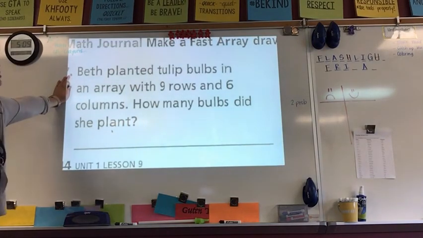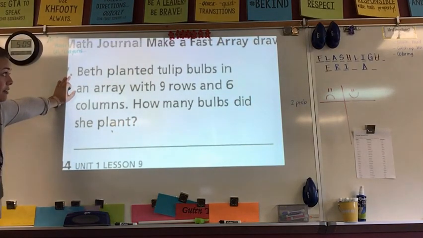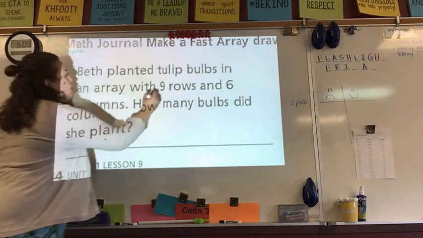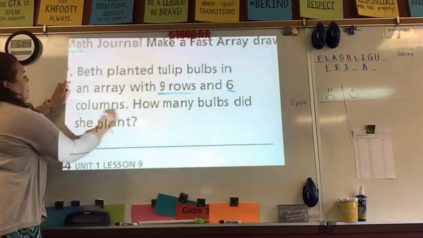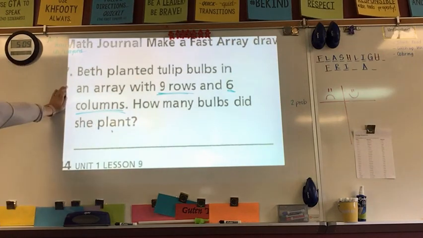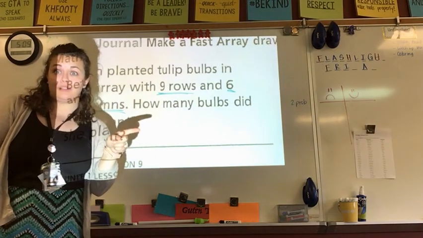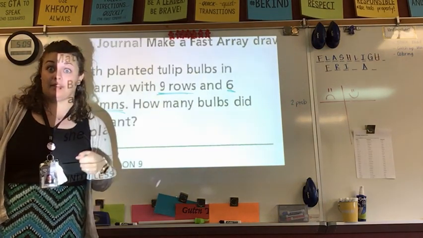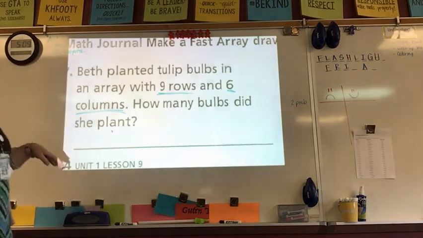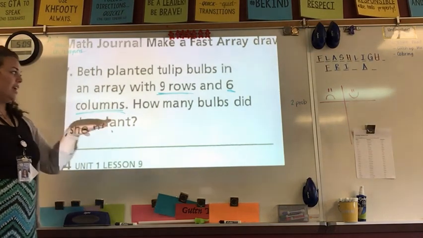Beth planted tulip bulbs in an array with 9 rows and 6 columns. How many bulbs did she plant? Well, if we know our rows and we know our columns, we can do a side-by-side array. Yeah? So we can make 9 rows and 6 columns.